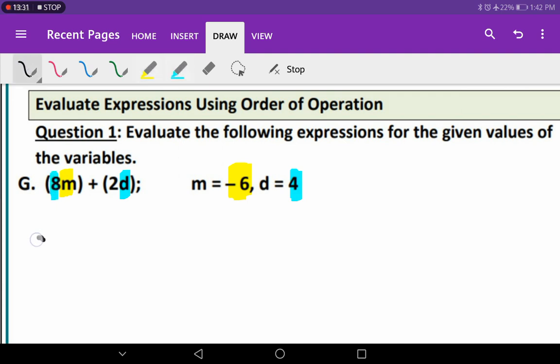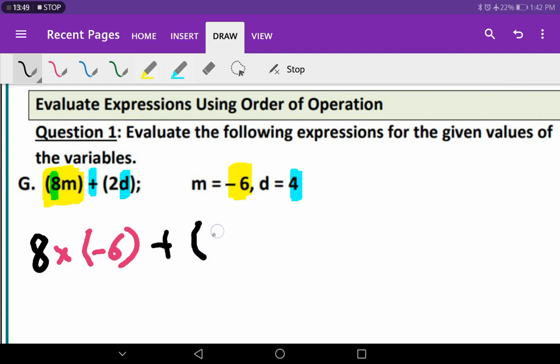That means 8 multiply by M, which is negative 6. Yes, I'm done from this one. Now, what I have, yes, plus, open parentheses, 2 multiply the hidden multiplication, D, which is 4.